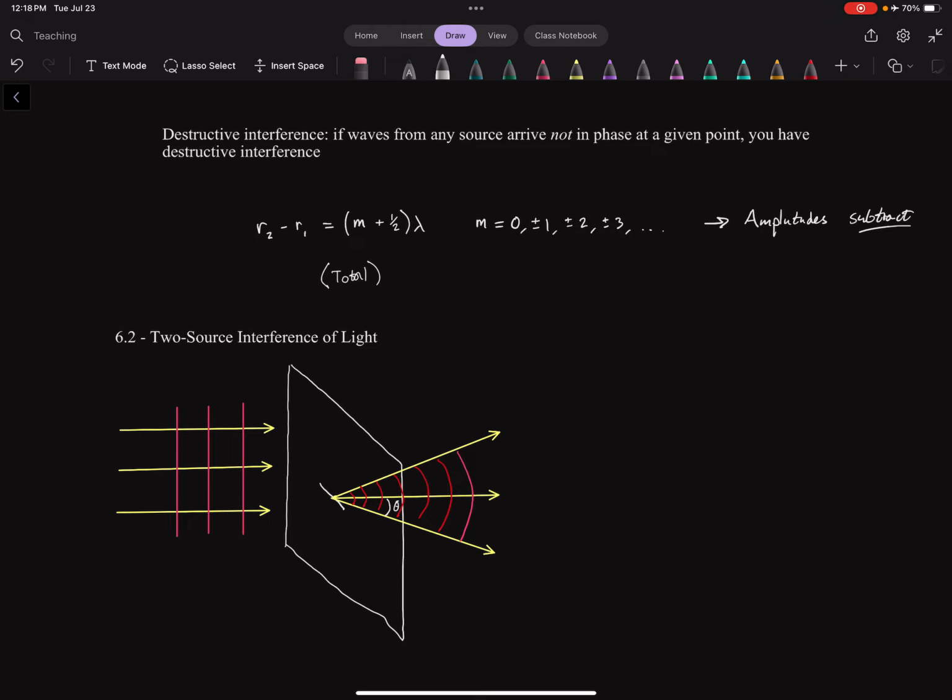So then that light is incident on another slit. Actually, two more slits right next to each other. And these slits are like micron width. So they're tiny, tiny little slits, right? And so these wavefronts are incident on these slits, right?